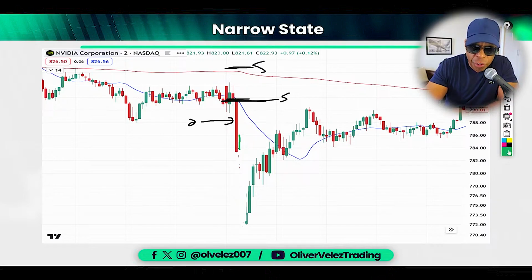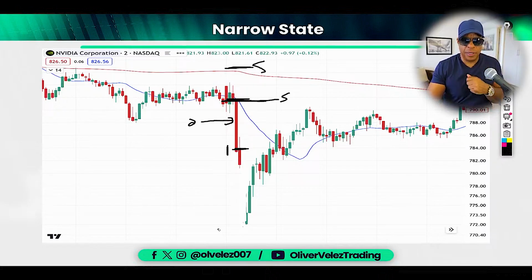Now, what they're going to do is they're going to sit under this green right there. And if that green gets taken out, boom, there's their hidden color change. They're like, you can't hide from me. There's their add, and the rest is history.